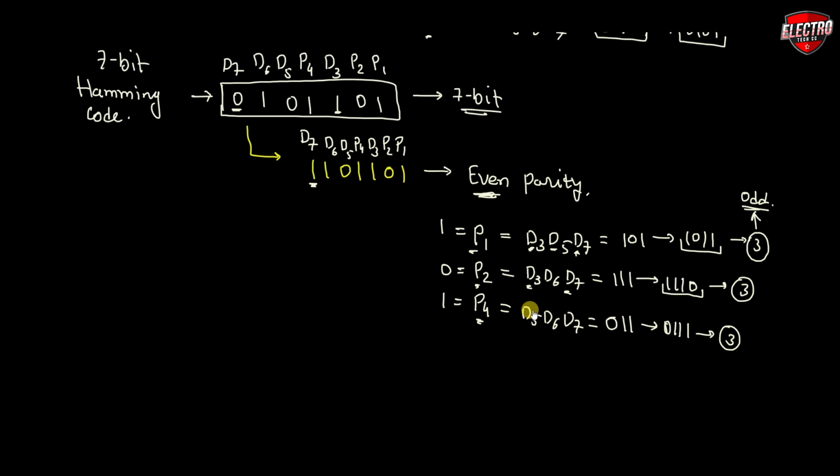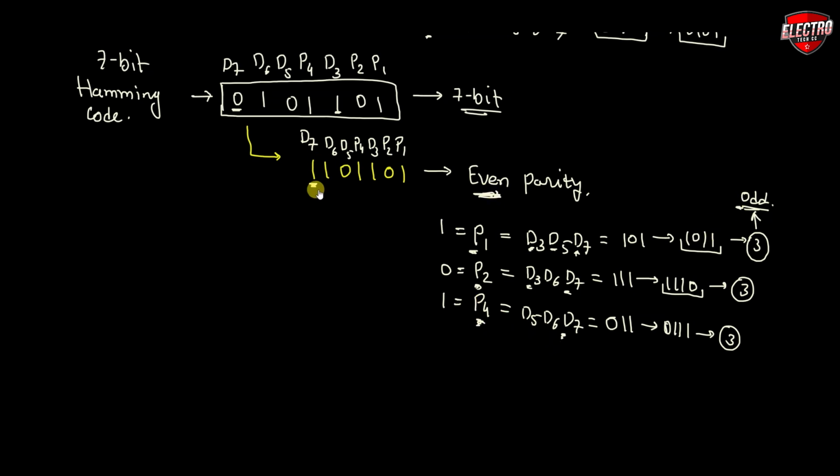If you observe all these parity bits, all of them depend on one common bit, and that common bit is D7. That means the error in this message is the D7 bit, because all these parity bits depend on D7, and due to D7 all these parity bits are transferred from even parity to odd parity.